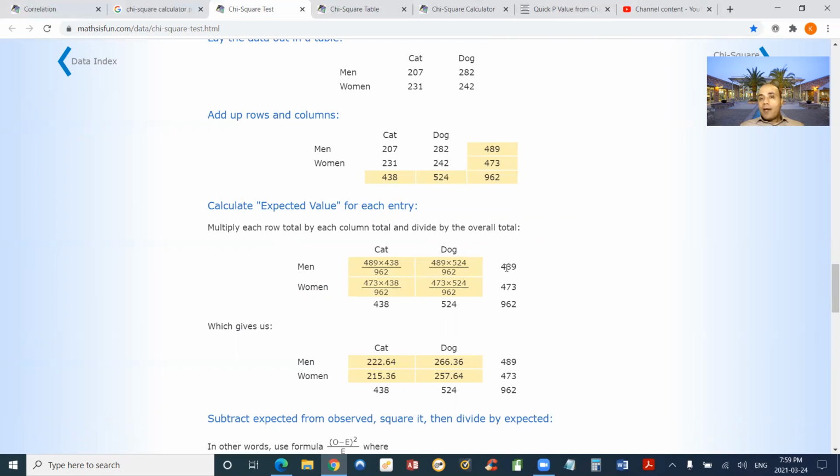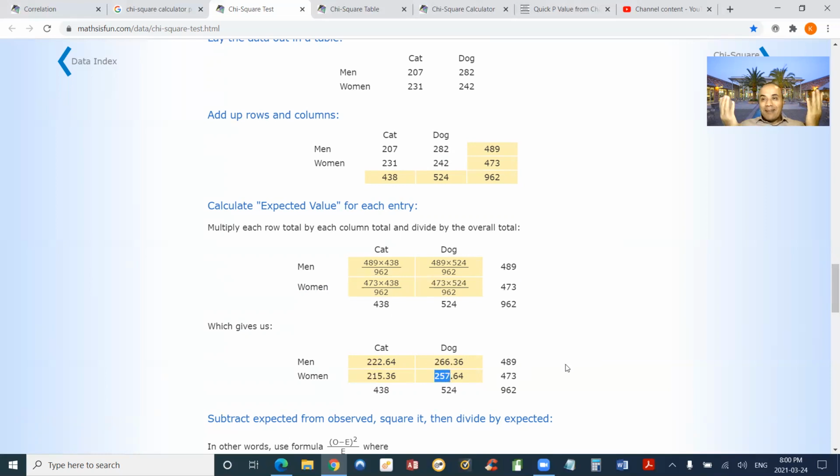One more time. 489 times 438 divided by 962. 473 times 438 divided by 962. 489 times 524 divided by 962. 473 times 524 divided by 962. That's the way we are going to calculate. And if you have calculated these values, you're going to get 222, 215, 266, 257.